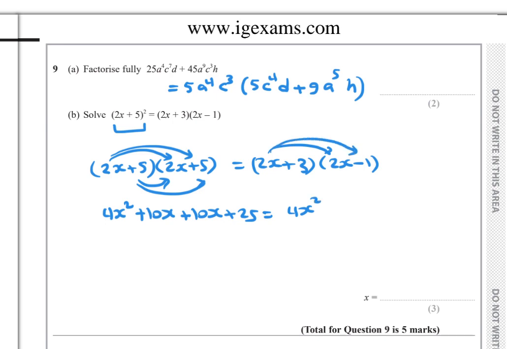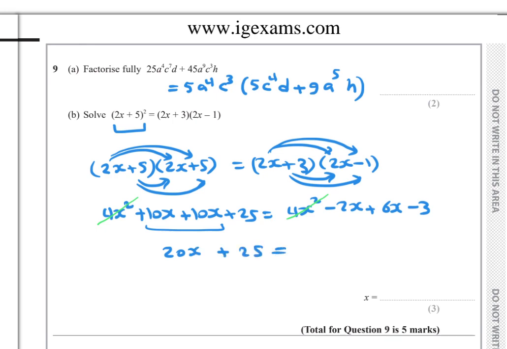2x times negative 1, negative 2x. 3 times 2x equals 6x. 3 times negative 1, negative 3. Now you can cancel 4x squared with 4x squared. Now combine the like terms. 10x plus 10x, 20x plus 25.